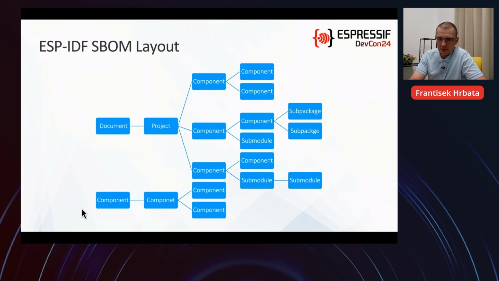For example, mbedTLS is part of the build for whatever reason, but it's not actually linked into your project. It will still by default be in the SBOM, but it will not be linked into the project. The reason is it's part of the build, so it should probably be mentioned, but it's not linked.